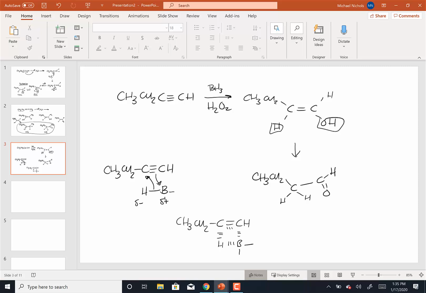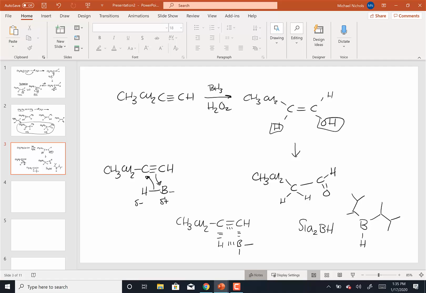I make the reagent sterically hindered so that I force the boron to add to the end. And so one of the reagents we can use is what's called SiA2BH. And that is a boron with one hydrogen that has these two alkyl groups attached to it.